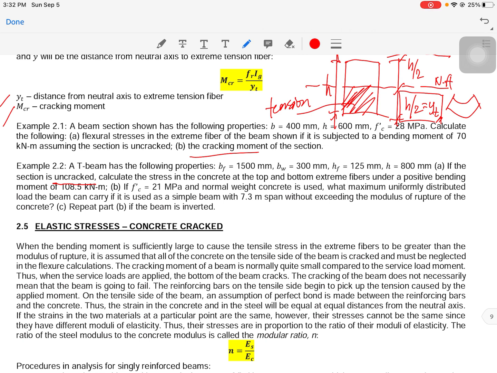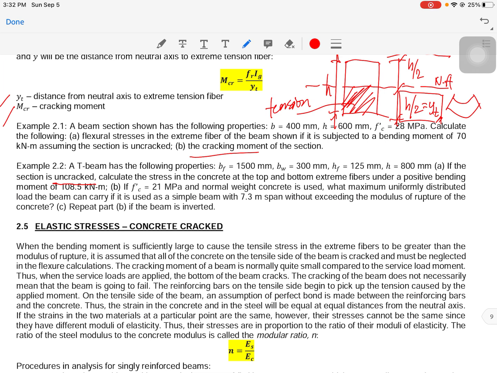Then for letter B, if f prime c is 21 MPa normal weight concrete, what is the maximum uniformly distributed load the beam can carry if it is used as a simple beam with 7.3 meters span without exceeding the modulus of rupture of the concrete?